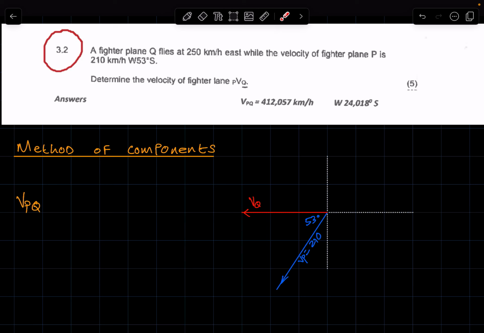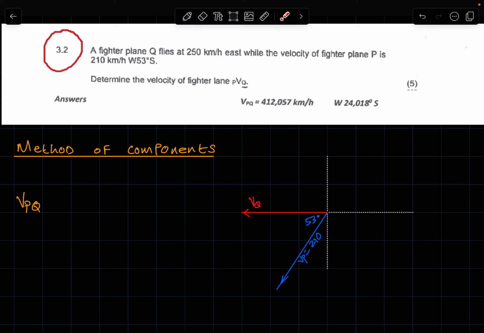In applying conditions of equilibrium, all your vectors must be parallel to the Cartesian axes, meaning either parallel to the y-axis or parallel to the x-axis. If your vectors are oblique, we have to resolve them into their components.